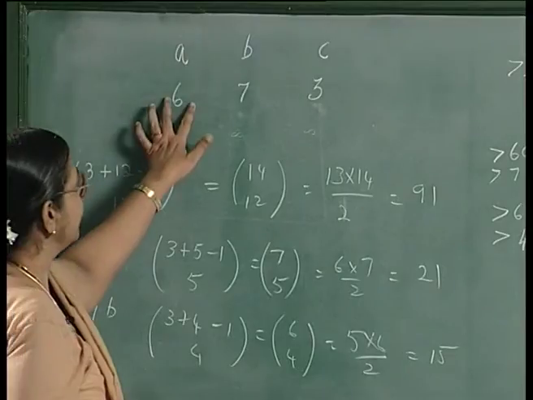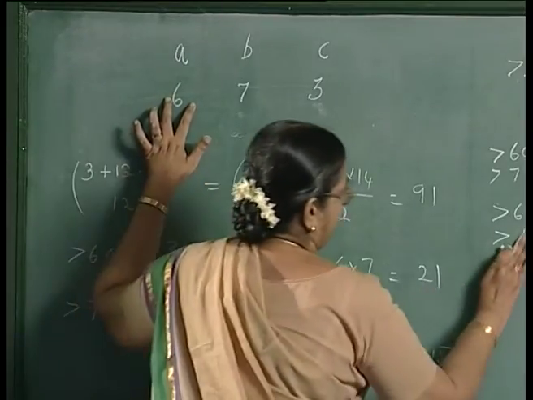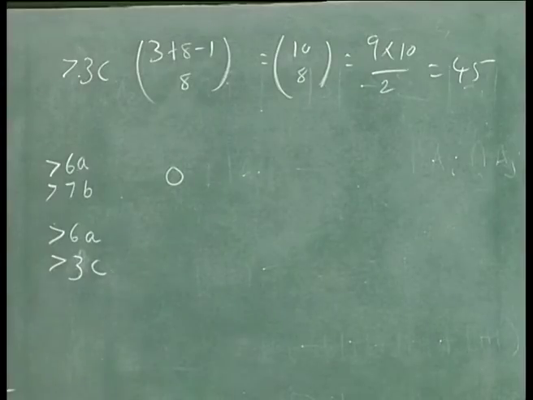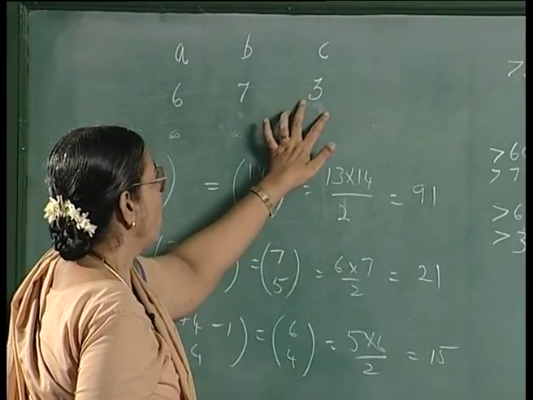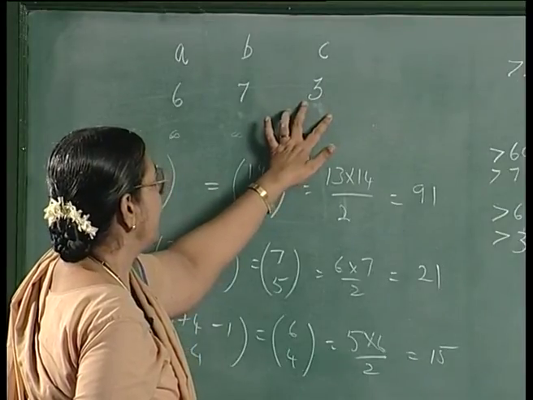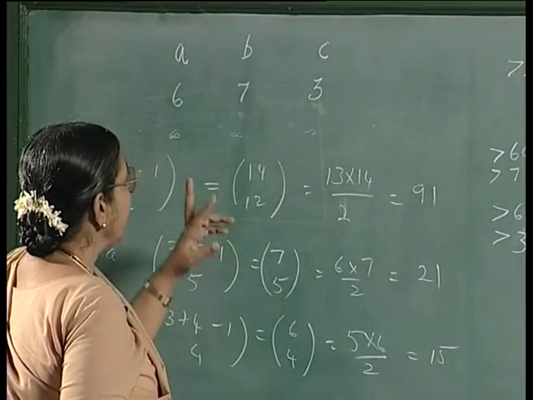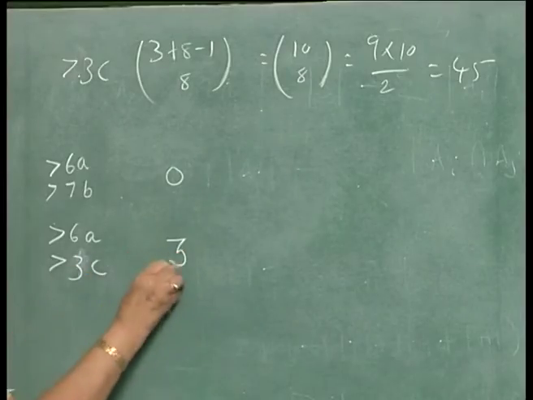That is, at least 7 A's and 4 C's, that is 11 elements I have already chosen. The remaining one I can select as A, B or C. That can be done in 3 different ways.